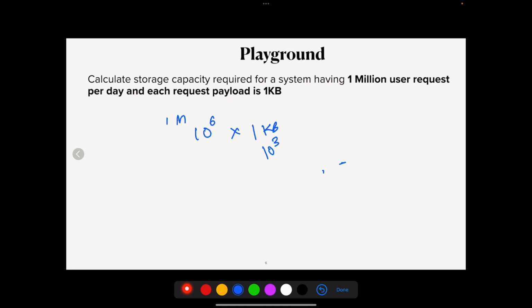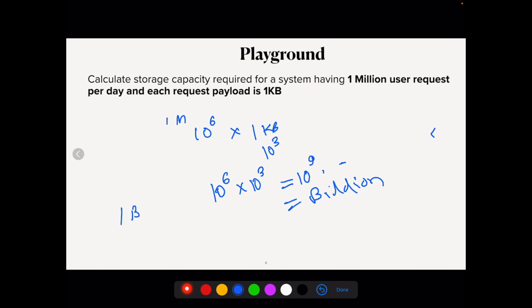So 10 to the power 6 times 10 to the power 3 is 10 to the power 9, and 10 to the power 9 we know is always a billion. So we will require 1 billion bytes of storage for 1 million user requests, where each request payload is 1 kilobyte.